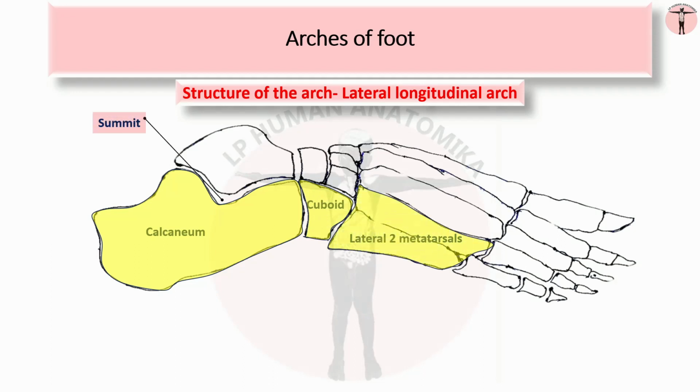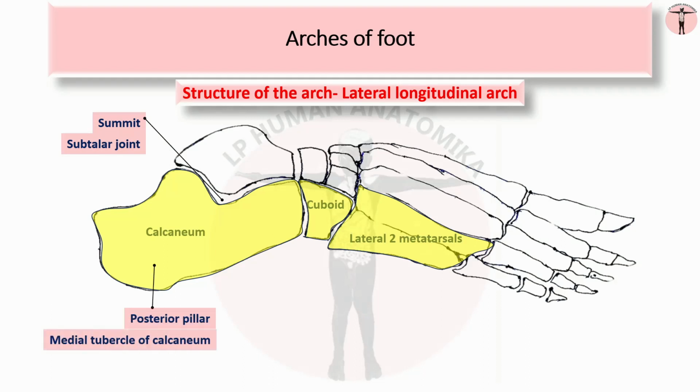The summit of the arch is low and lies at the subtalar joint. The posterior pillar is formed by medial tubercle of calcaneum where both the longitudinal arches meet. The anterior pillar is formed by heads of 4th and 5th metatarsal bones.